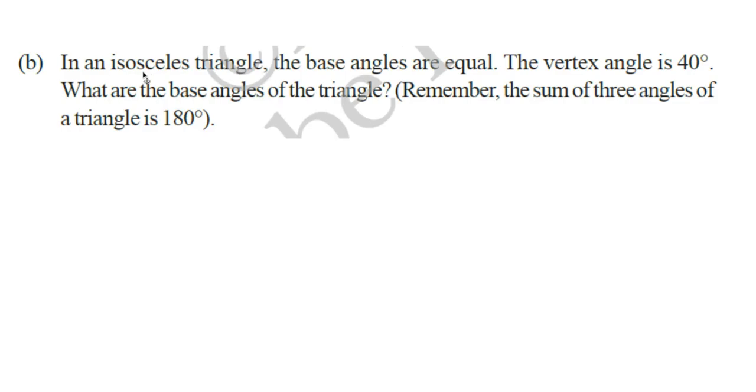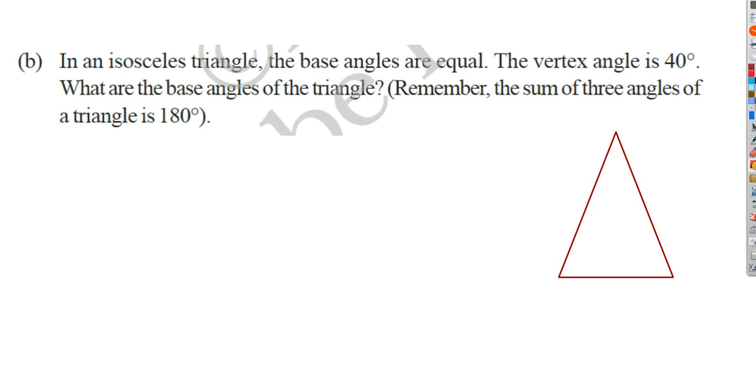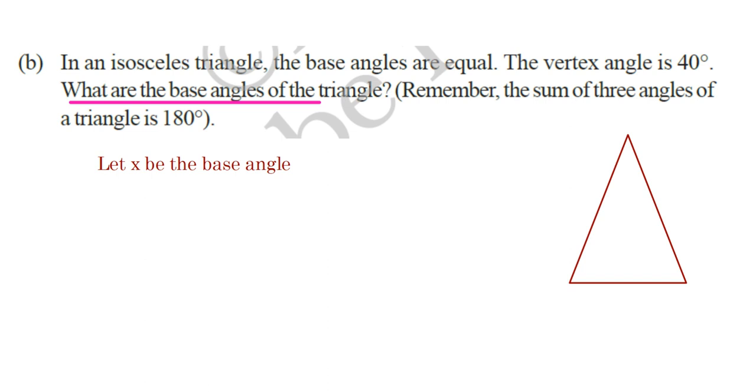This is question number B from the textbook. In an isosceles triangle, the base angles are equal. The vertex angle is 40 degrees. What are the base angles of the triangle? Here, what do you want to find out? What are the base angles? So base angles you can take as x. Let x be the base angle.